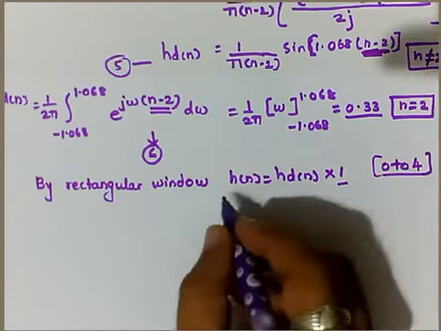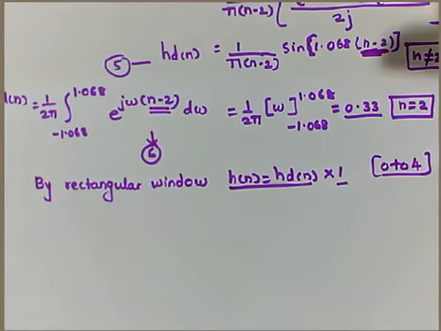So this is how it's limited. So h of n is nothing but hd of n in short.